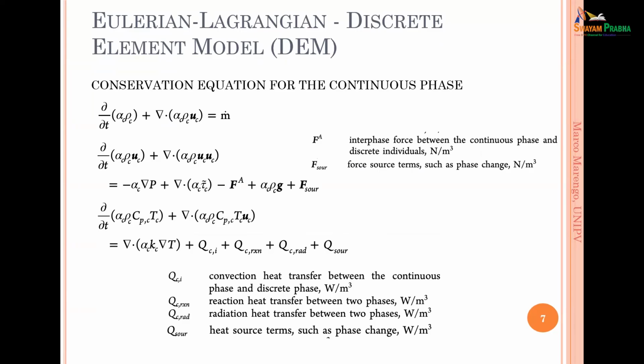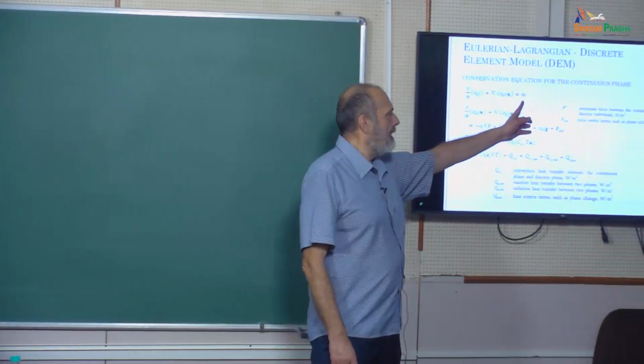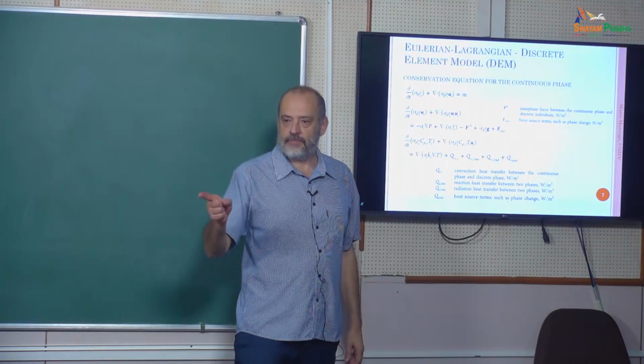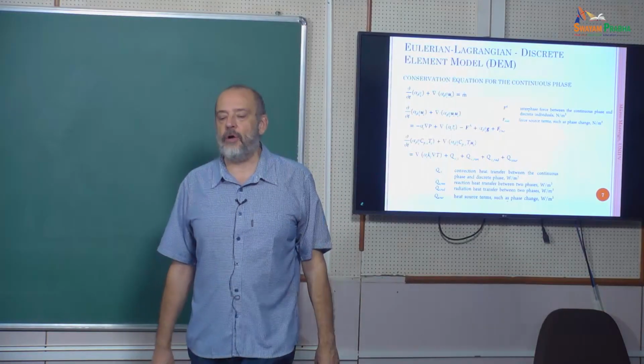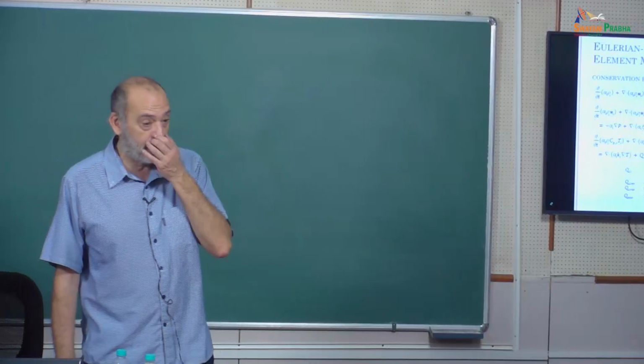So again, we have the conservation of the mass, and already you see one change. When we have phase change, we need to add one term linked to the fact that we have a change in the component, as we have written when we dealt with multiphase flow in the theory.